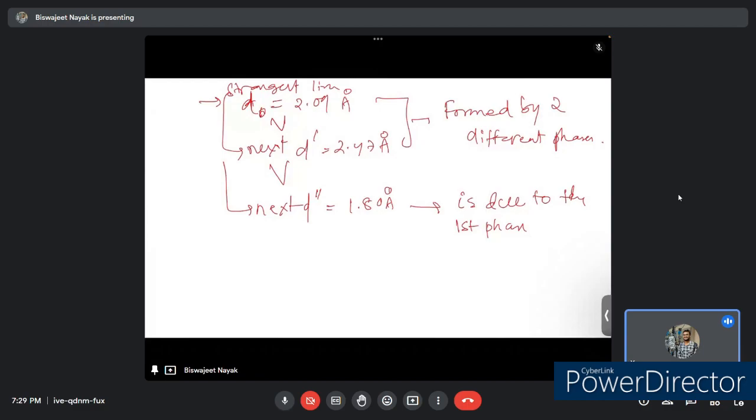They are formed by two different phases, and the third strongest line, corresponding to 1.80 angstrom, is due to the first phase.